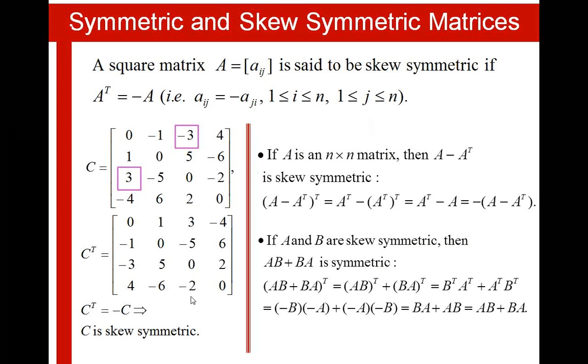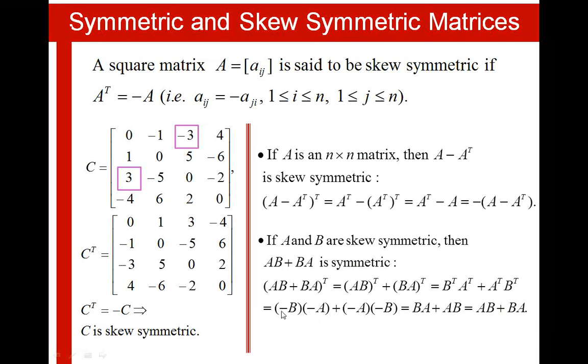Another example: if A and B are skew symmetric, then AB plus BA is symmetric. AB plus BA transpose is equal to AB transpose plus BA transpose, which is equal to B transpose times A transpose plus A transpose times B transpose. But since A and B are skew symmetric, B transpose is equal to minus B, and A transpose is equal to minus A. We substitute the values here.